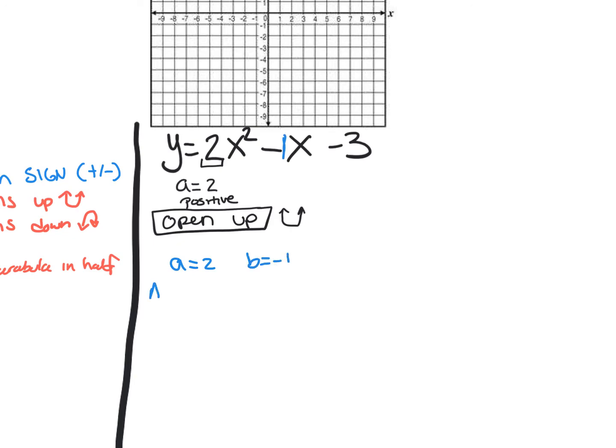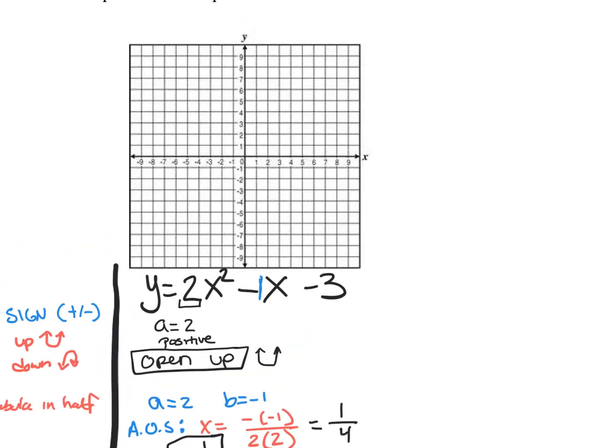So to get our axis of symmetry, it would be x equals the opposite of b over 2a. Just use parentheses when you plug stuff in to start, and now we can simplify. So minus a negative 1 would be a positive 1 over 2 times 2, which is 4. So our axis of symmetry would be the vertical line x equals 1/4.